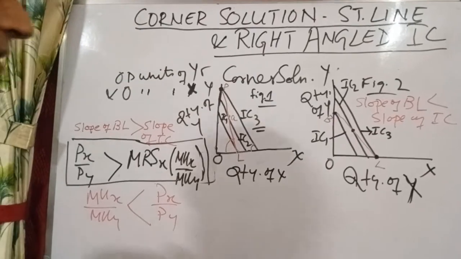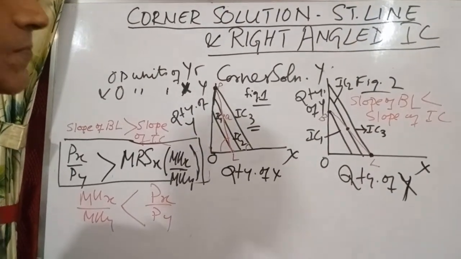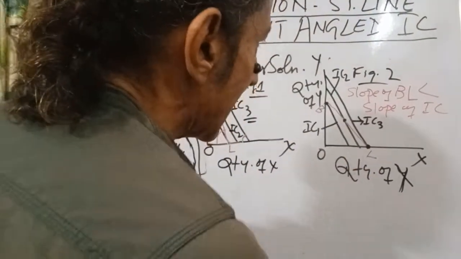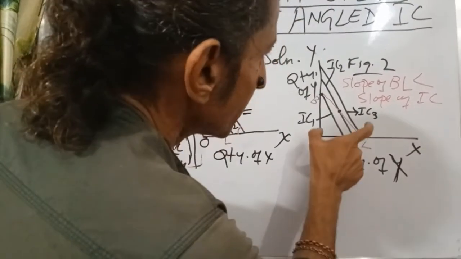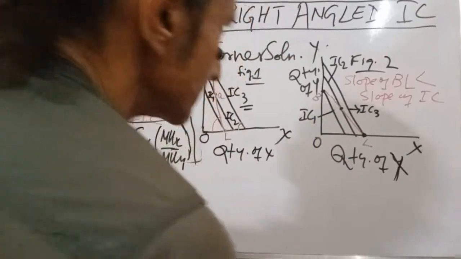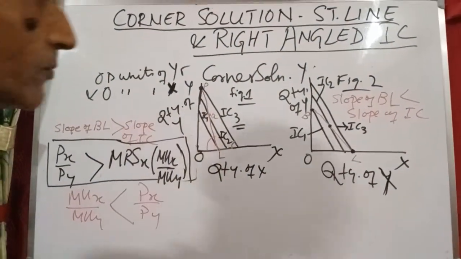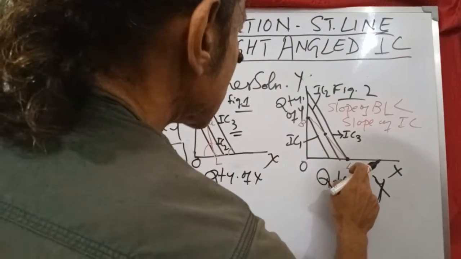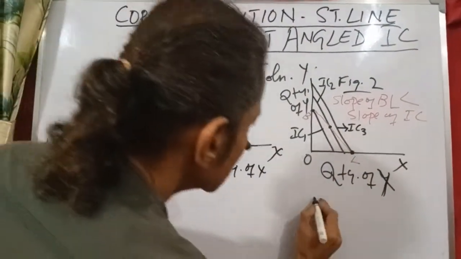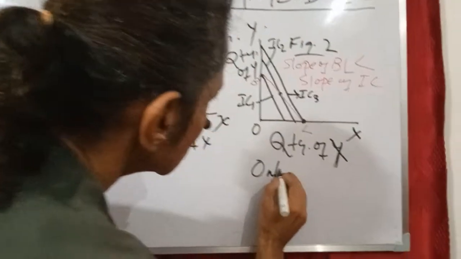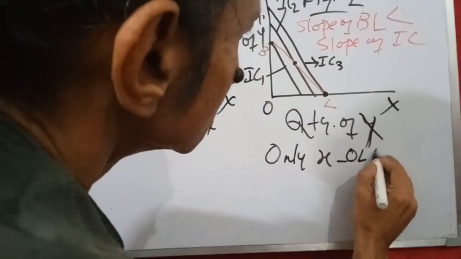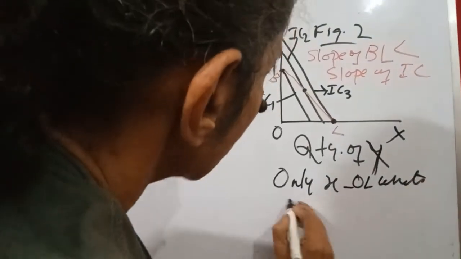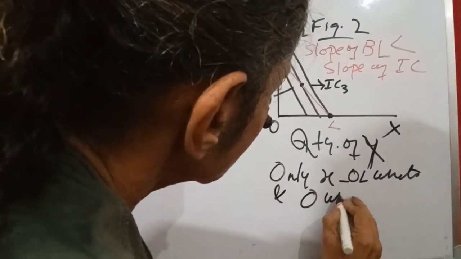So the consumer finds his equilibrium point on IC3 at the positive intercept of the X-axis. Here the consumer purchases only X and 0 of Y. Only X, how many units? OL units, and 0 units of Y.